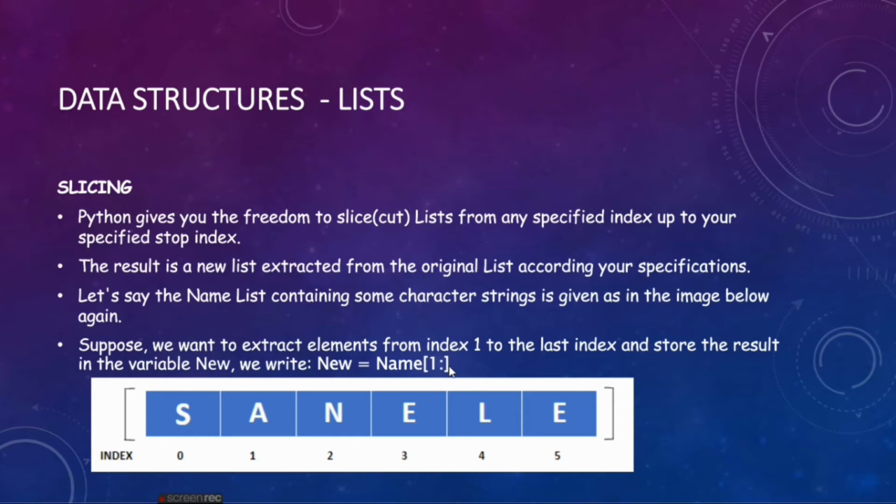Here I didn't put the last index, because if I didn't put that last index, that means from index 1 up to the end of the list. And if I didn't put the starting index and put maybe -1 here, I'm sure it should mean starting from the first index up to that last index.